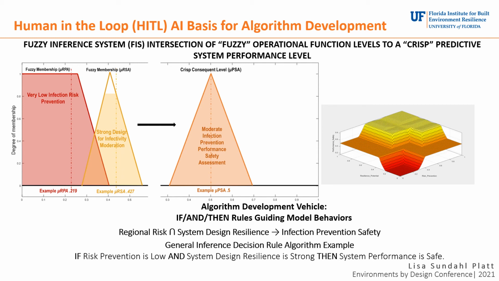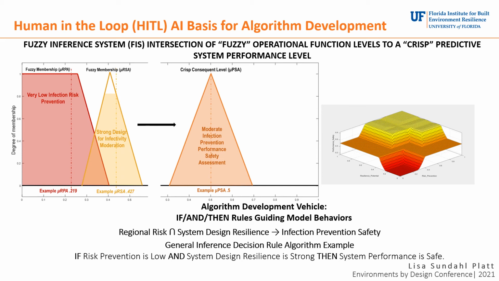A fuzzy center of gravity outcome is where an intersection of two truncated disjoint fuzzy membership functions are evaluated to establish a crisp or specific output that would allow for an inference to be made about a consequent that would imply system infectivity prevention performance safety.